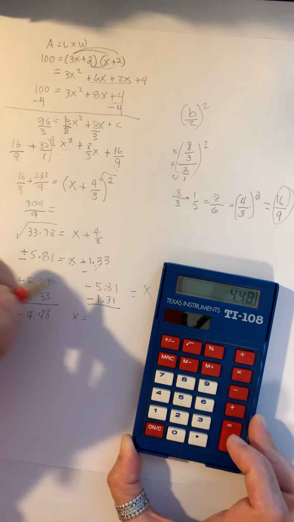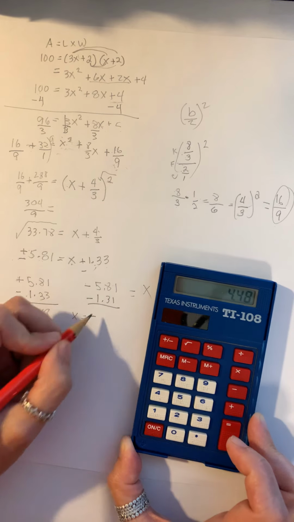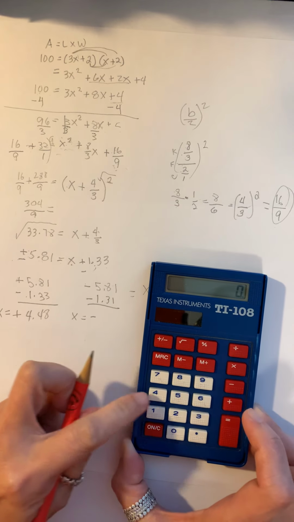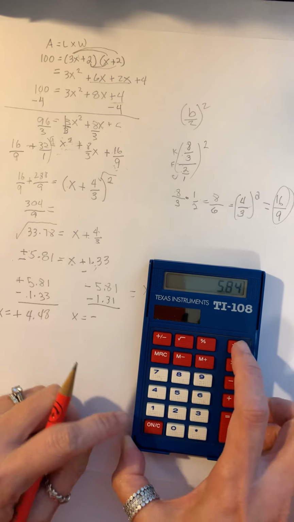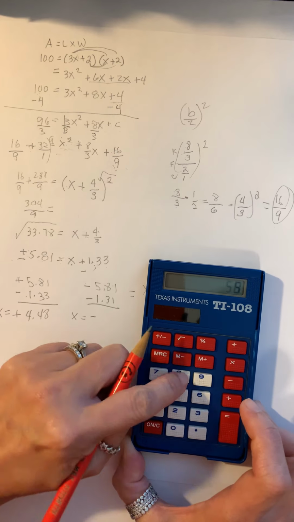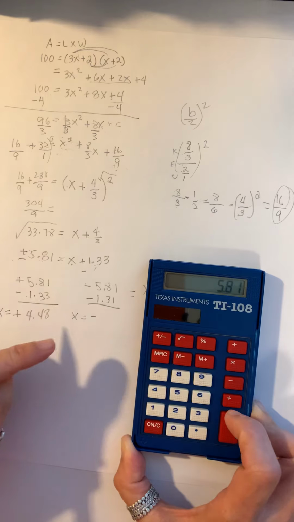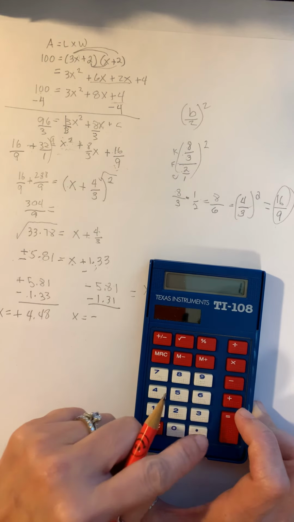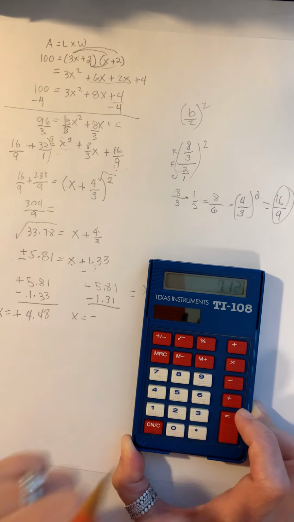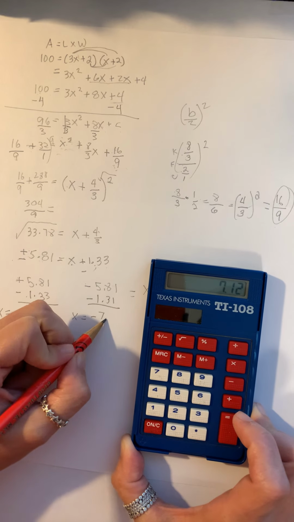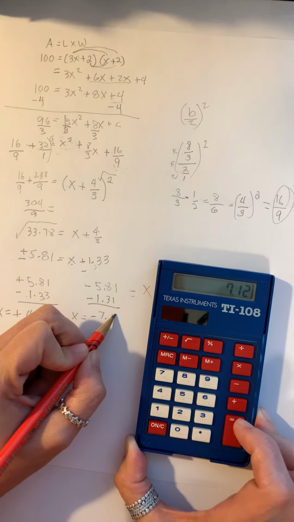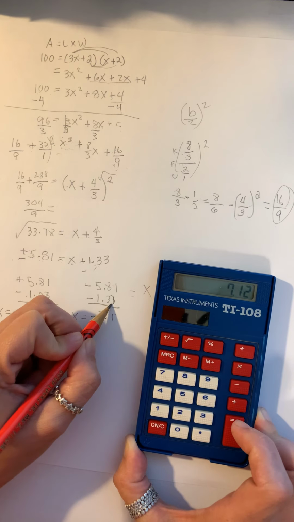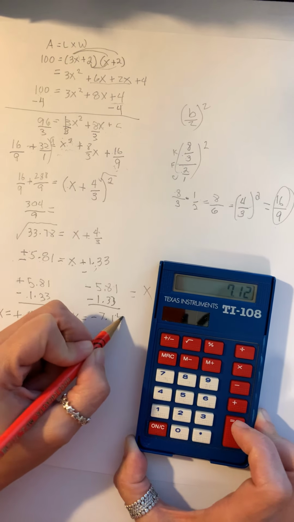Negative and a negative stays a negative, and I can actually add them together. So 5.81 plus 1.33, remember, I'm adding them because they're both negative. So negative 7.14.